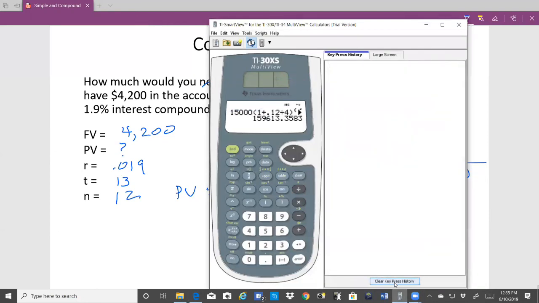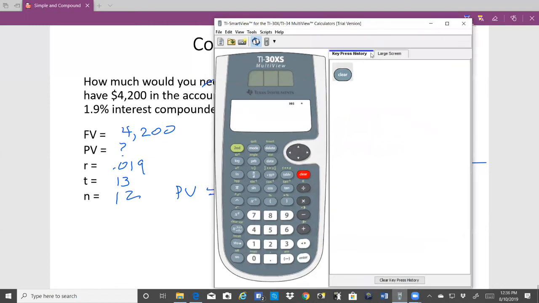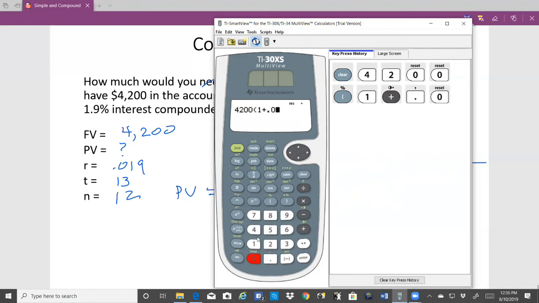I'm going to clear the keys here, clear this, and the present value is going to be equal to 4,200 times the parentheses 1 plus 0.019 divided by 12 in parentheses.